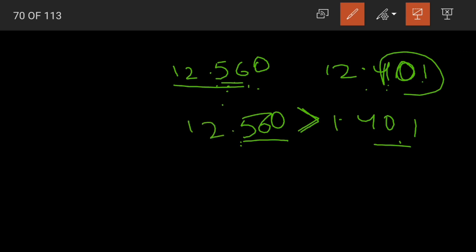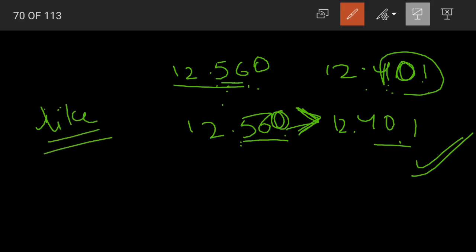So 12.56 becomes greater than 12.401. See, because of adding this 0, I've got the correct answer. That is, 12.560 is greater than my decimal number 12.401. That is why adding 0 is important, children. You have to convert the given decimals into like decimals and then compare.